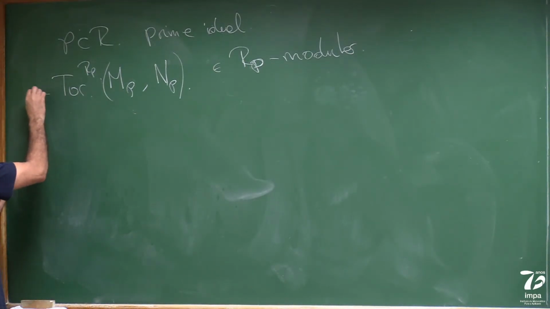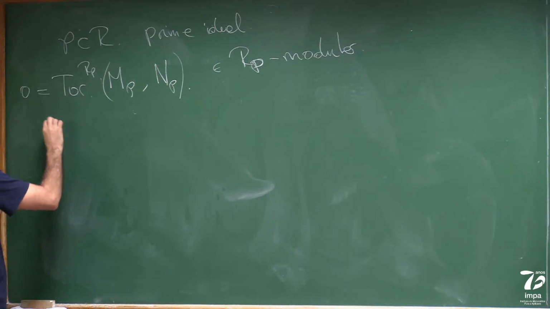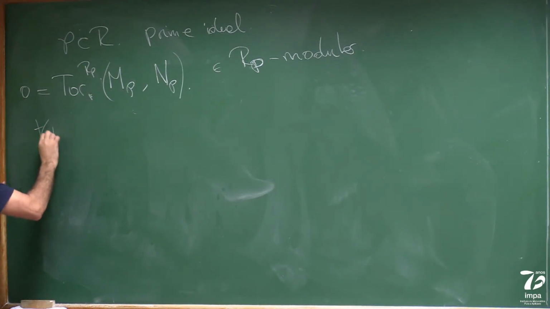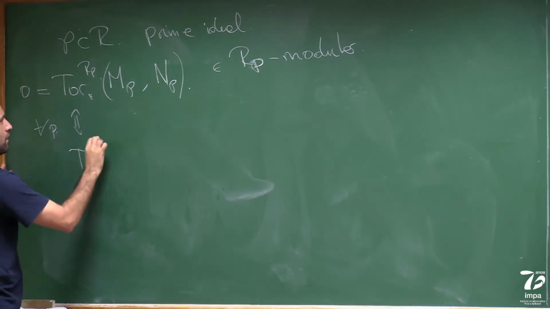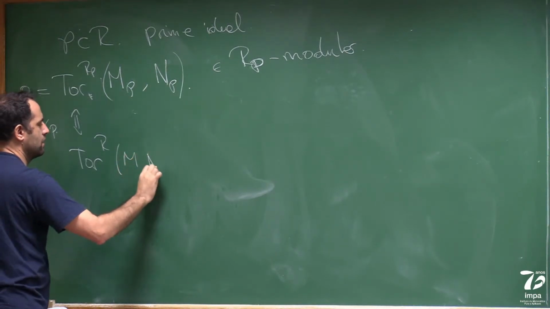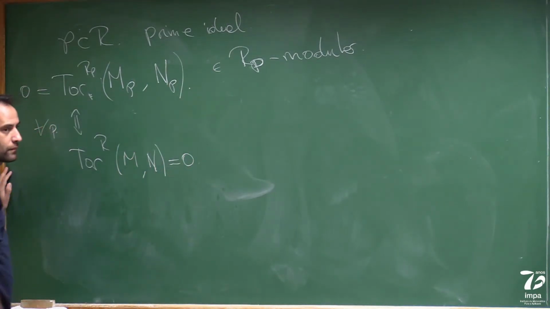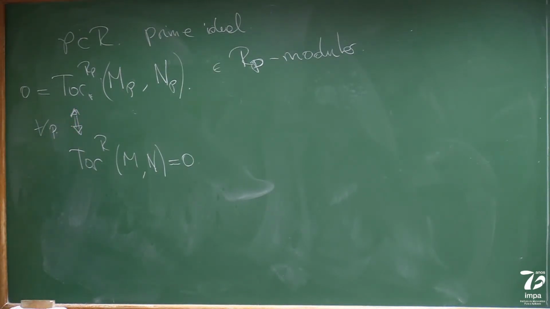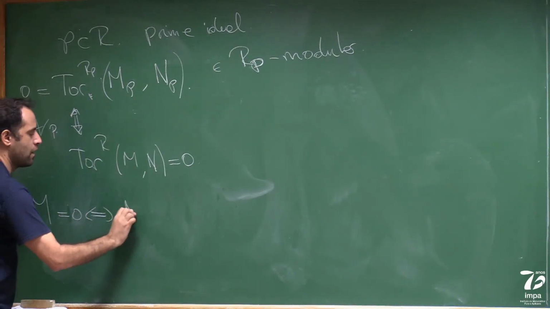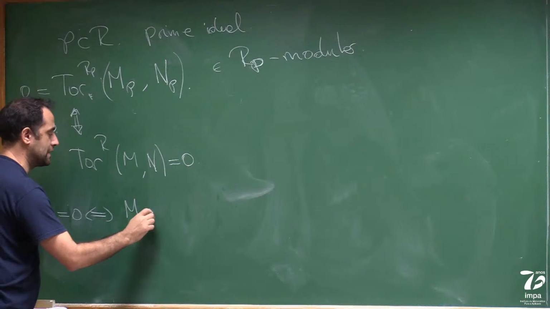Now, let's suppose that this is 0 for every P. Then Tor R Mn is 0. And this is an if and only if. This is the following statement: if you grab an arbitrary module M over any ring, then M is 0 if and only if all the localizations at every prime are 0.